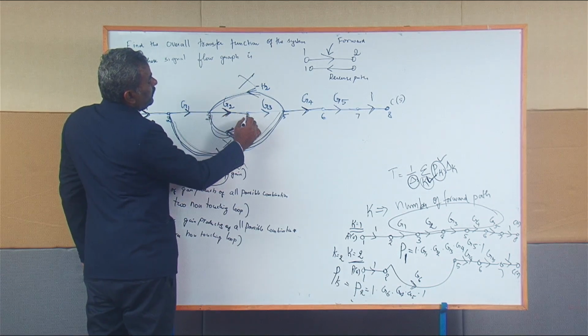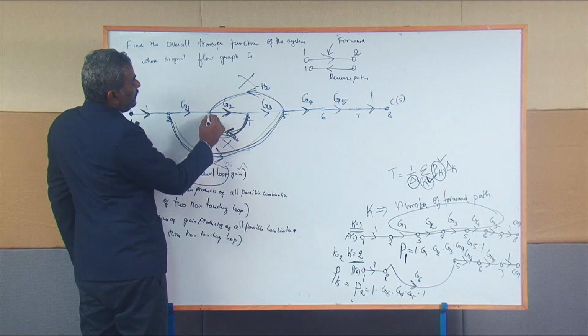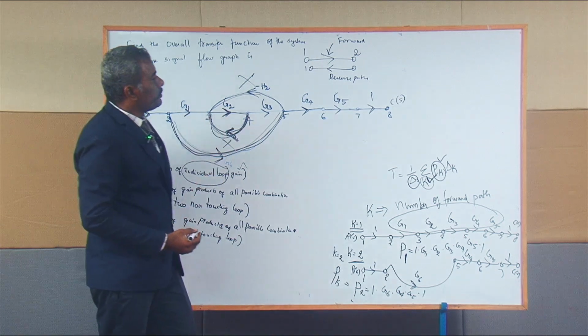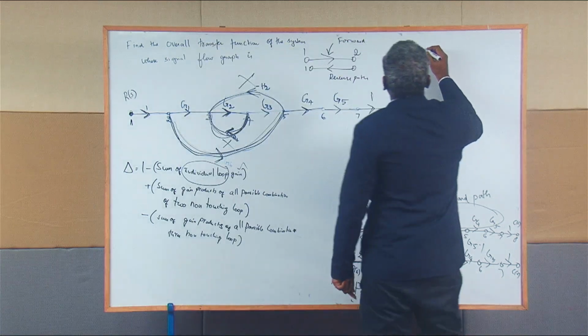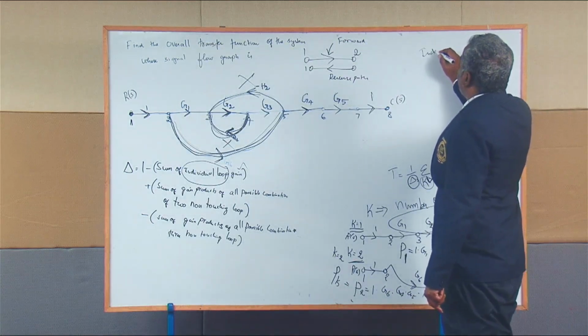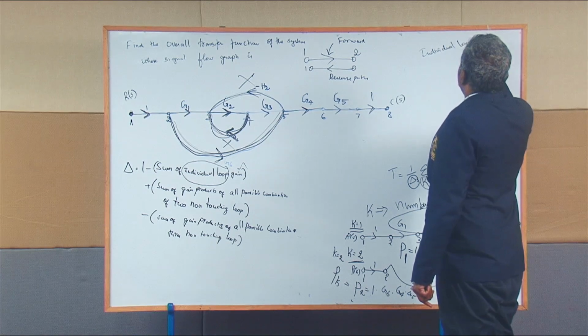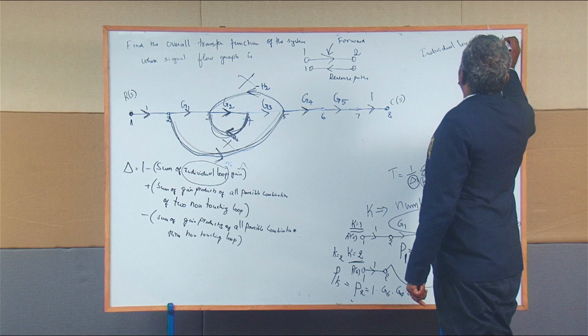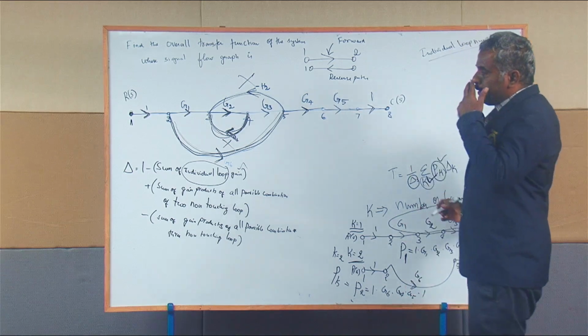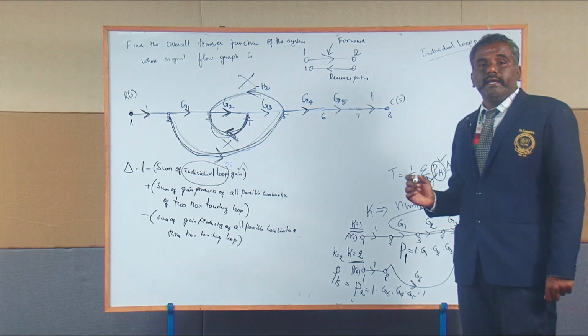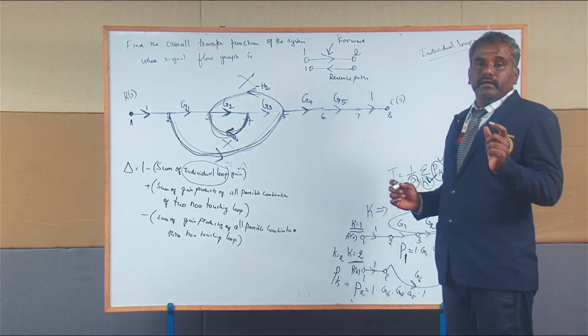Starting from node 3, going to node 4, and reaching node 3 again with a closed path, that is considered individual loop number 1. An individual loop is nothing but a closed path which has a common starting and ending node.